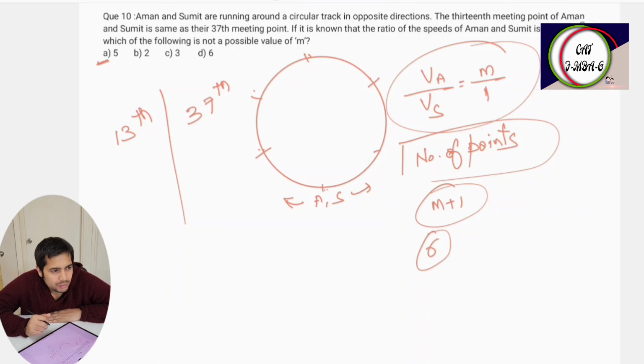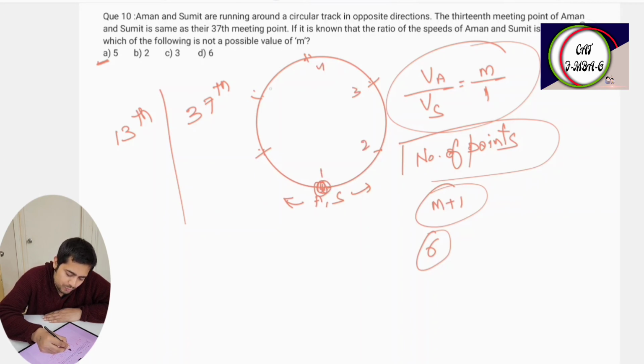So obviously the 12th point will be the same as the 6th point. 1 2 3 4 5 6. 6 will be the 12th point, 18th point, 24th point and 36th point.